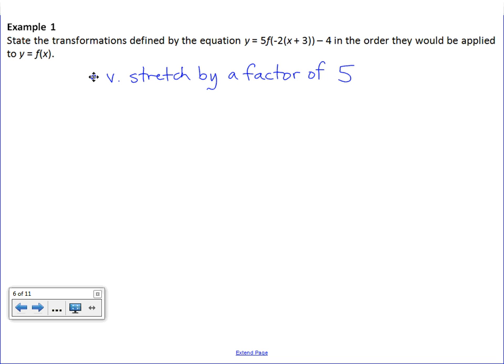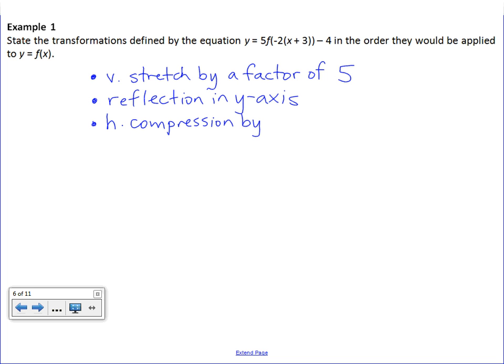The first thing I notice is the sign of that K value, and it is negative, so that indicates what transformation? Reflection in the y-axis. Now I deal with the actual value of K, the 2 part. What transformation has occurred? Horizontal compression by a factor of 2.